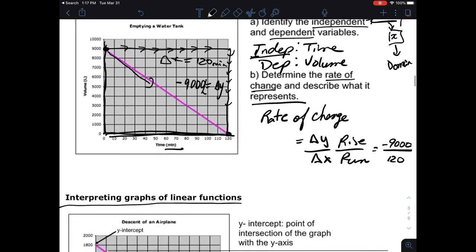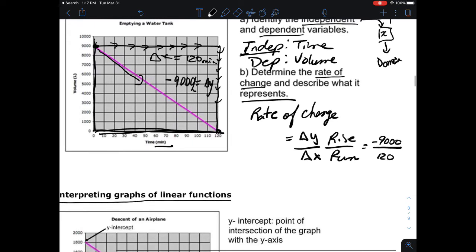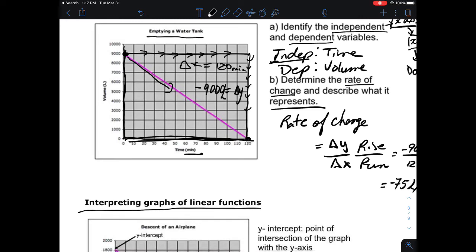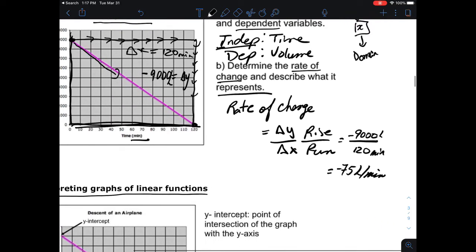And the units are liters per minute. So if I do that division, I'm going to get negative 75 liters per minute. What does that mean? Well, this graph is about the emptying of a water tank. So that tells me each minute 75 liters are emptied out from the tank.